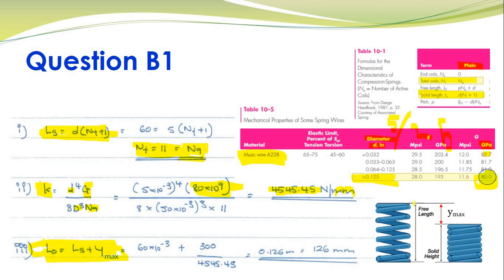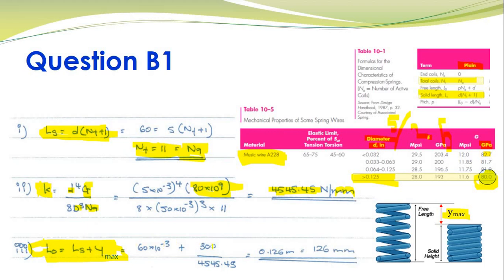Now you see the difference between the free length and the solid length gives you your maximum deflection, which is your Ymax. So basically the free length of a spring is simply equal to the solid length plus the maximum deflection of that particular spring. This is what I have here. My solid length was 60 mm.